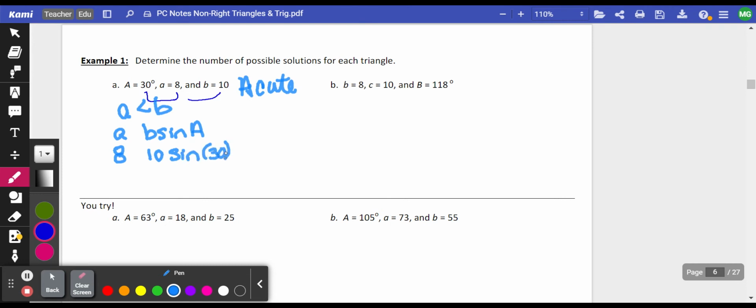Now, you can do this without a calculator because you know that the sine of 30 is 1/2. Remember our unit circle? Never going away. And half of 10 is 5. So what we find out is 8 is bigger than 5. If you look back to the previous page, that would actually be a triangle with two solutions.